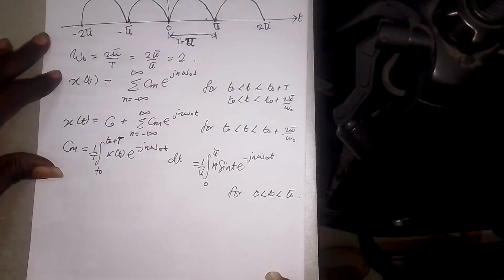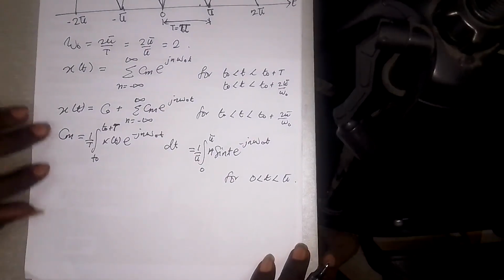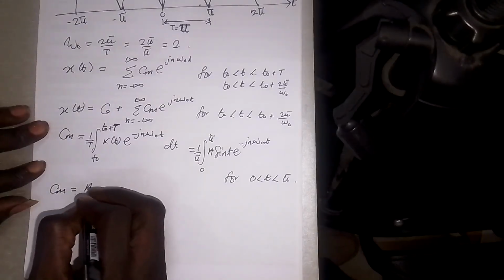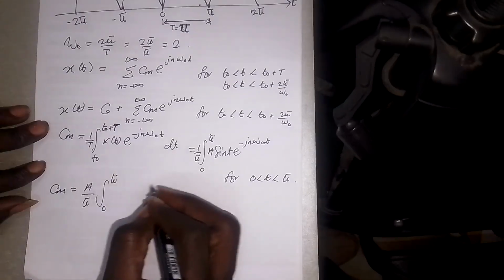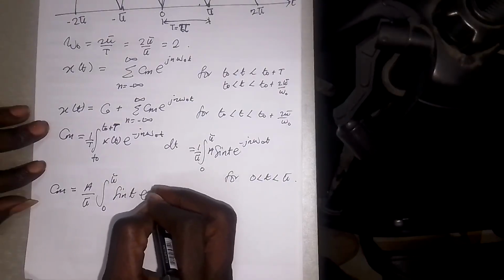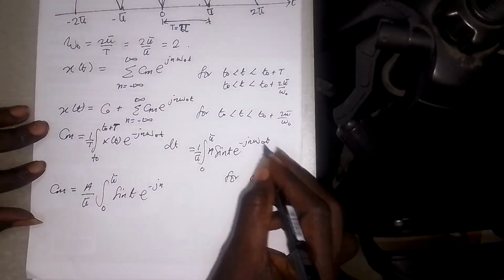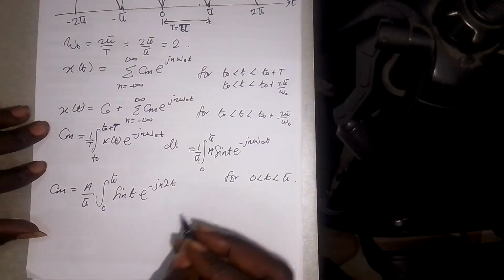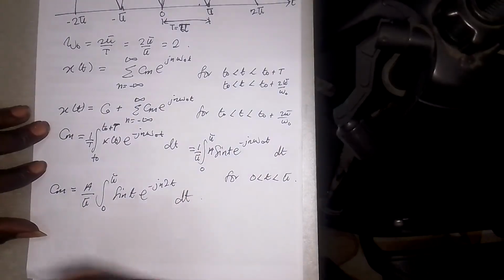So we can just move on from here and say that c_n is equal to A on pi into the integral from 0 to pi of sine t into e^(-j n 2t) dt, since omega naught is 2.